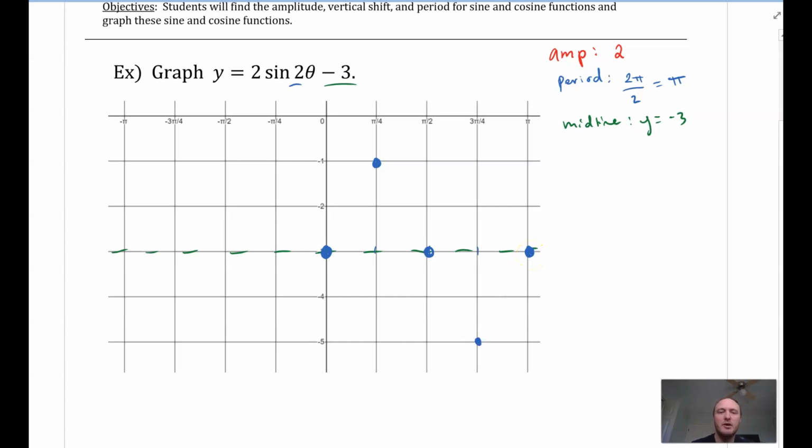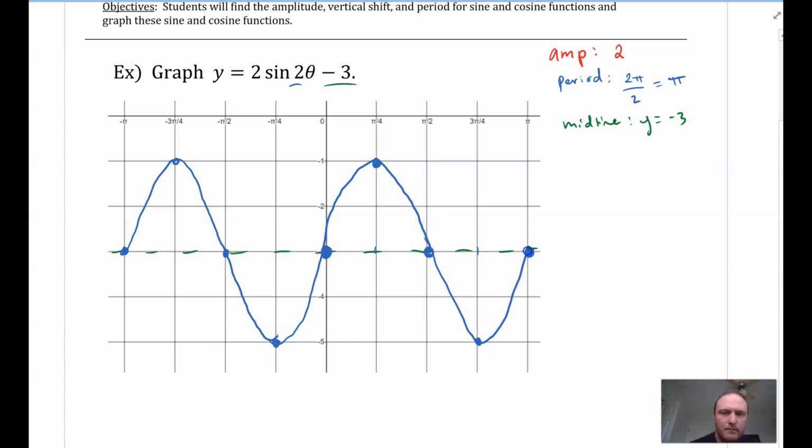I can repeat this in this direction too: max, mid, then a minimum, a midpoint, a maximum, and a midpoint. And here's our curve. Ta-da! And there is your sine wave.